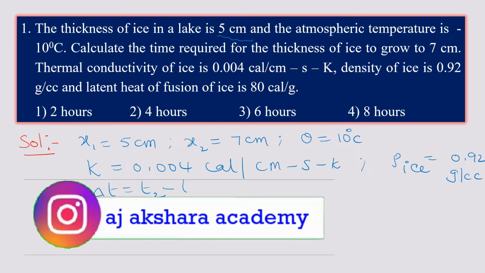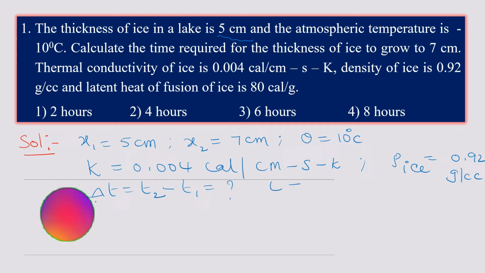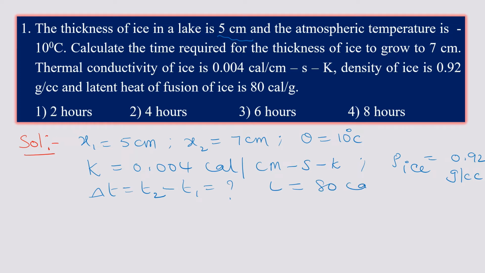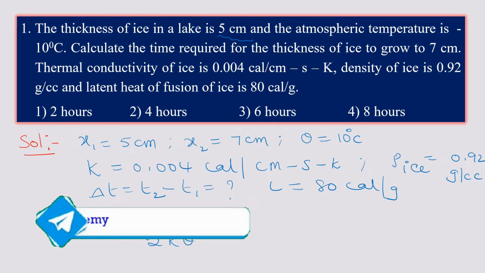Delta T is equal to T2 minus T1, and they gave the latent heat of fusion of ice L as 80 calorie per gram. Now delta T is equal to rho L by 2k theta of x2 square minus x1 square.